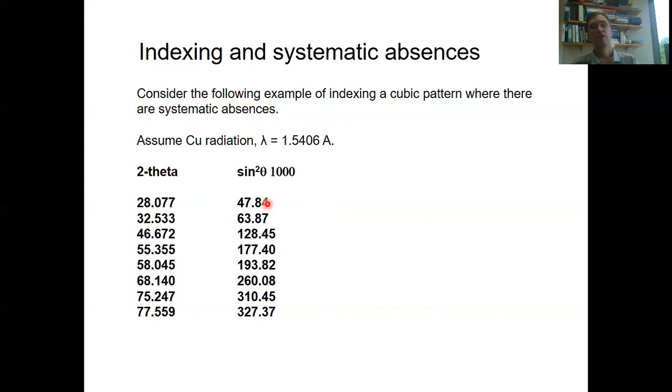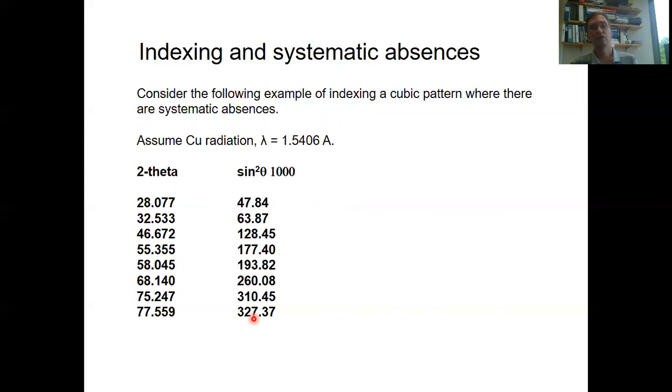If you calculated that and used it to determine the other integer values from these numbers here, you would find again that it will fail. So that means that also the 1, 1, 0 lattice plane must be systematically absent.